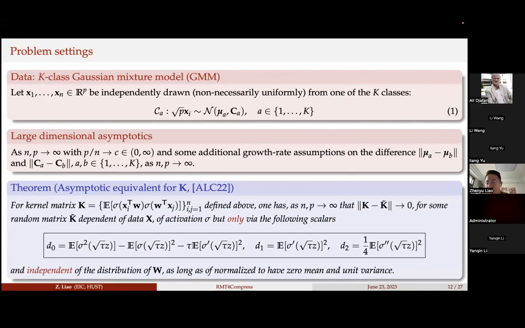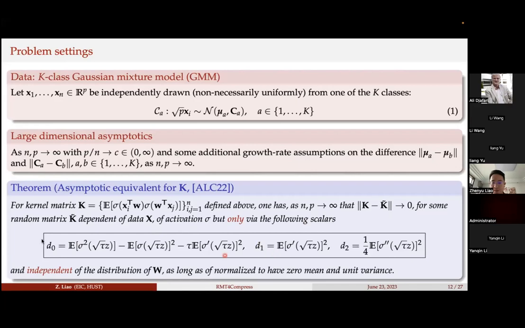And this K tilde is simple, in the sense that, of course, it depends on the data X and on the activation function, but it depends on the activation function only in a very explicit and simple manner, only via the following three scalar parameters.